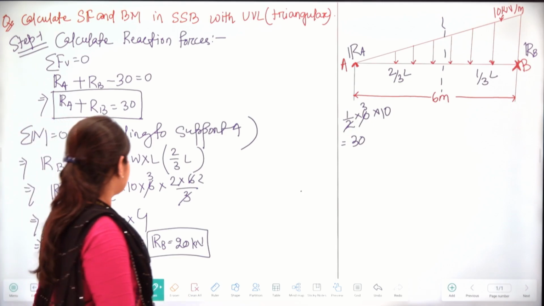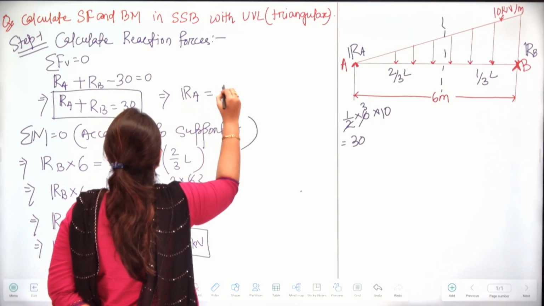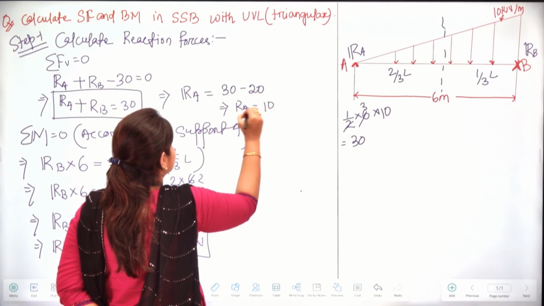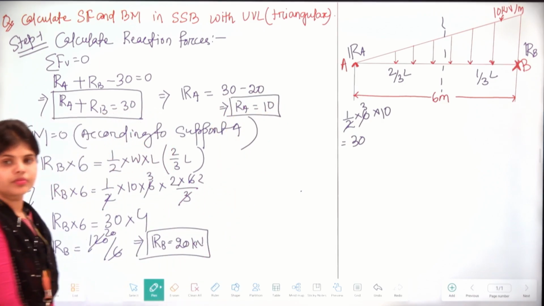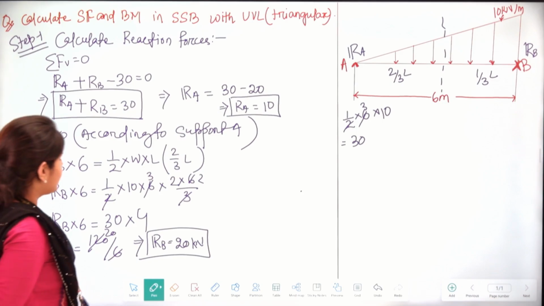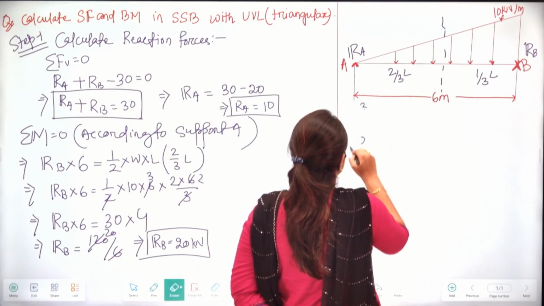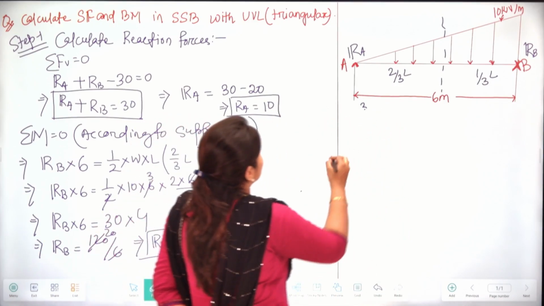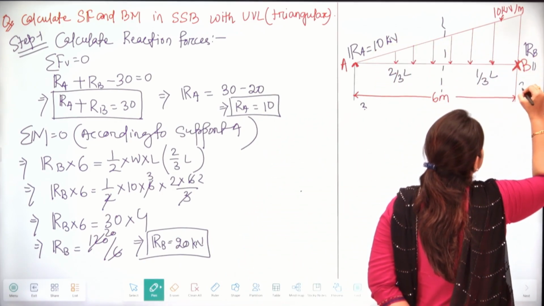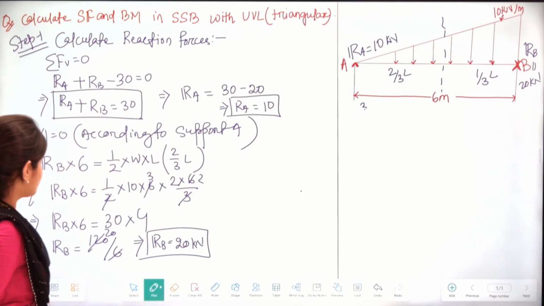Putting this value in, RA is 30 minus 20, so RA equals 10. Now we have the reactions: RA is 10 kilonewton and RB is 20 kilonewton. Now let's go for the calculation of shear force.